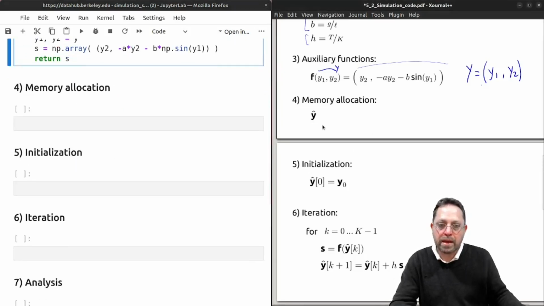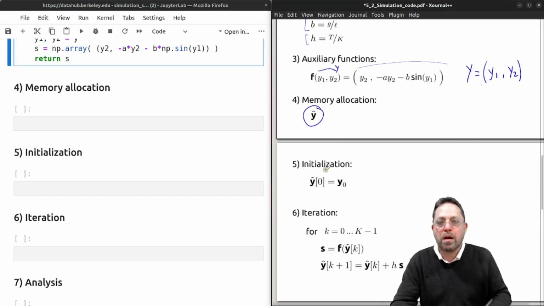Next, memory allocation. So we're going to have to allocate memory for our estimate of the state. And I'm going to suggest here that we organize it this way. Create a matrix that is going to have as its first row y1, the second row is going to be y2, and then it's going to have as many columns as there are time steps.